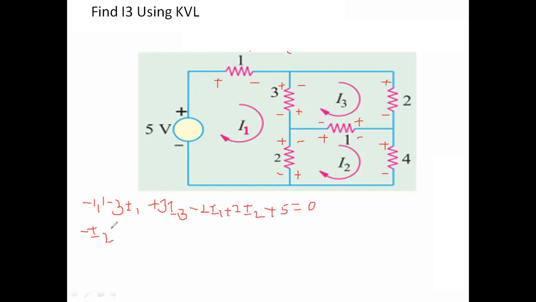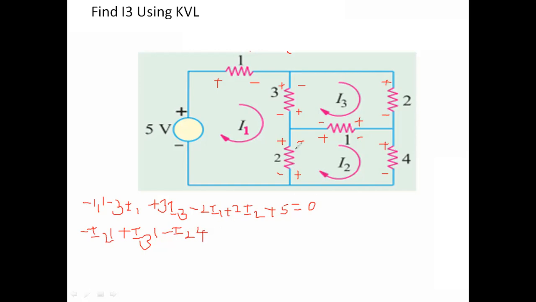For the same resistance, the current is coming in the opposite direction, that's why it is plus I3 into 1. Next, minus I2 into 4.